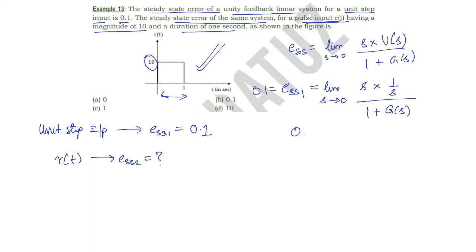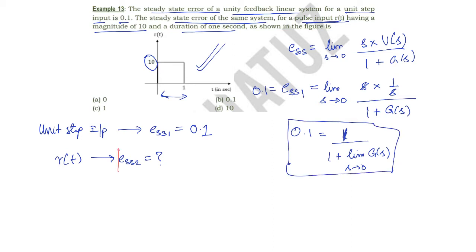The s will get cancelled, so you get 1 divided by 1 plus limit s tends to 0 of G of s equals 0.1. This expression we will remember.